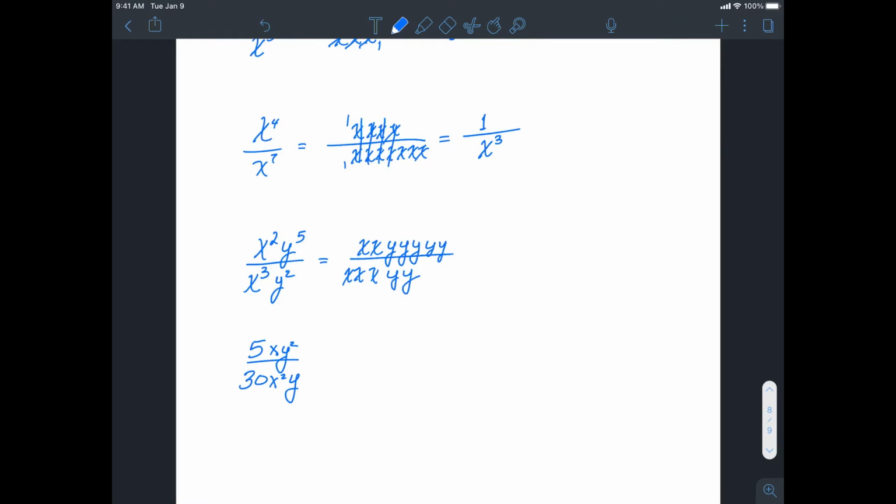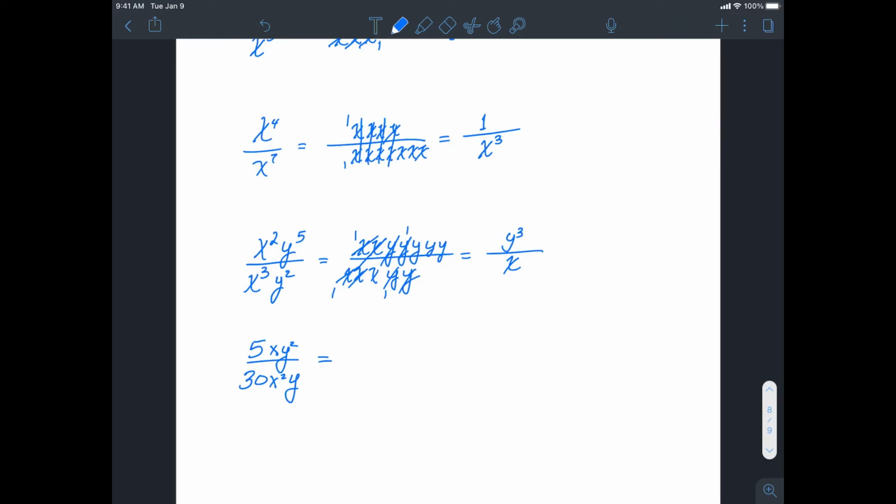Okay, so we would divide out 2 x's, leaving 1's, and in this case 2 y's, leaving 1's. And we're left with, in the numerator, I see 1, 2, 3 y's, and in the denominator, there is 1 x left over.